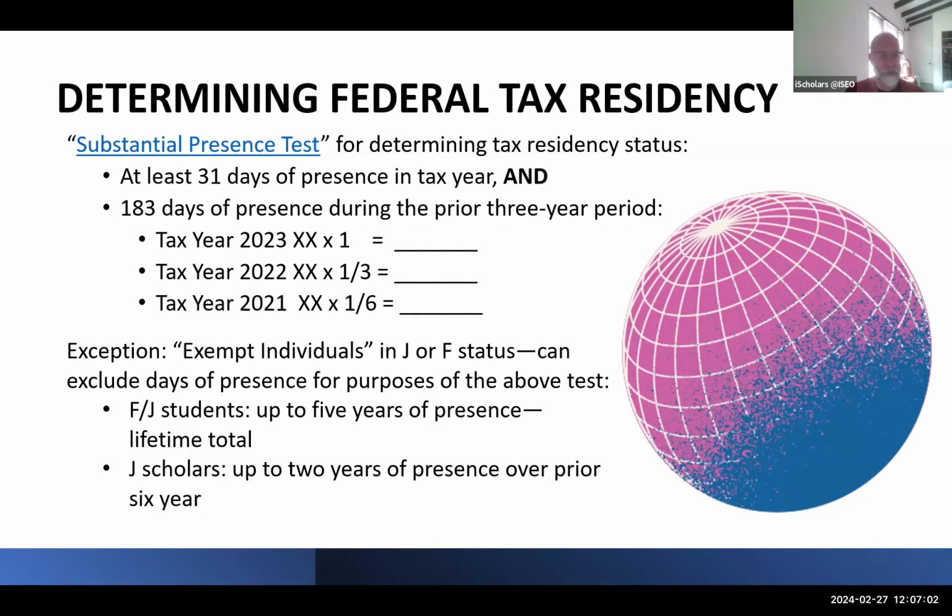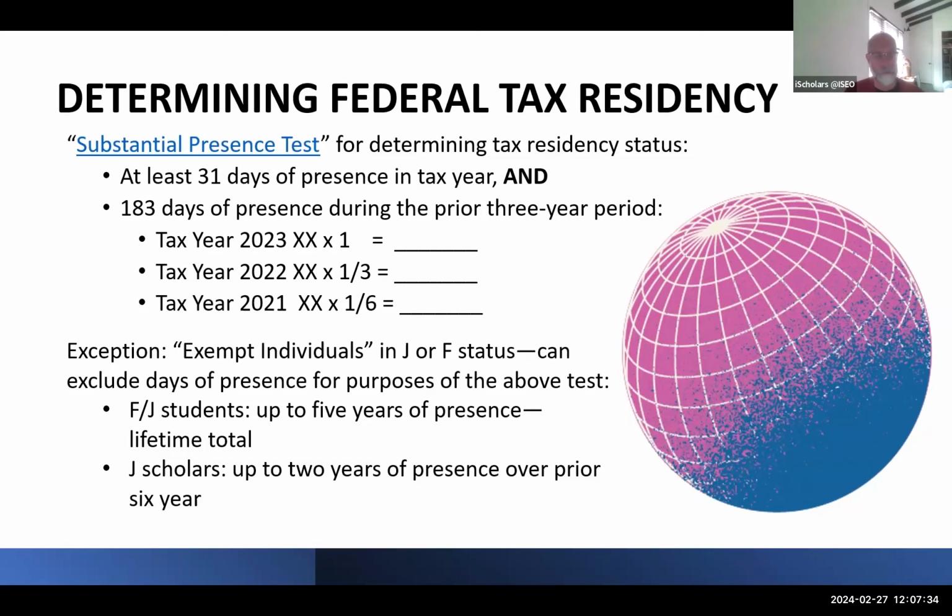Now that, however, is for standard non-immigrants. F and J non-immigrants may qualify as exempt individuals. Exempt individuals does not mean exempt from paying taxes or exempt from filing your tax return. It means exempt from counting days of presence toward the substantial presence test.